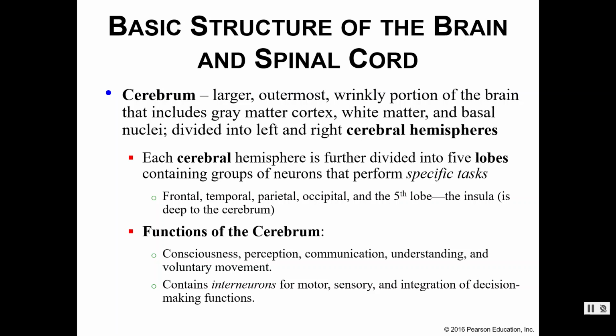Your body has to be able to communicate with itself, and then we need to be able to communicate with things in our environment, understanding of what's happening in your environment, and voluntary movement. Your cerebrum contains interneurons for motor, sensory, and integrative functioning. And this is where we do that decision making that we talked about a couple of slides ago.